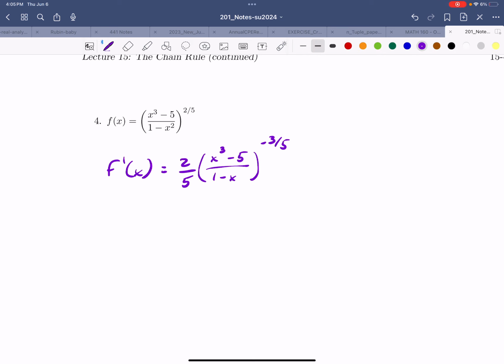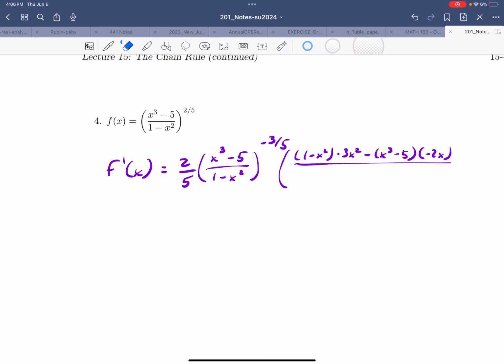Let me just write that a little nicer. There you go. Okay, now, a little bit of a painful part. We have to multiply by the derivative of the inside. Now, we can just use parentheses for this. It's going to be low d high minus high d low all over low squared.